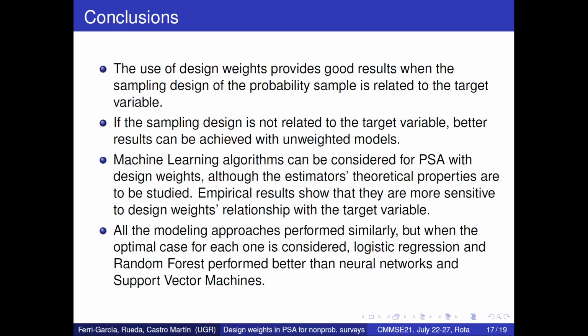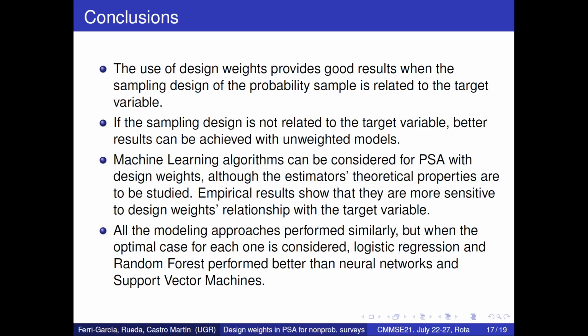We have seen that before. When the design weights are related to the income, which is a variable that is also related to the target variables of this experiment, the inclusion of design weights was much more fruitful, while in the other case, when it was related to autonomous communities and households, which are not related to the outcome in some cases, the results are much worse.